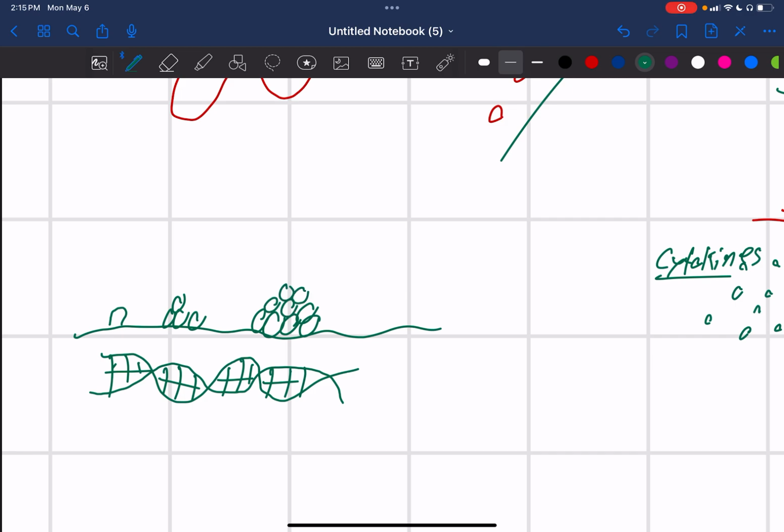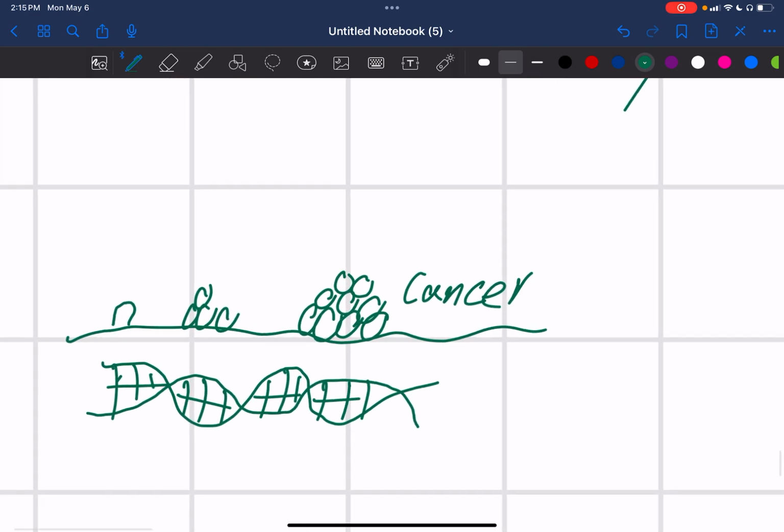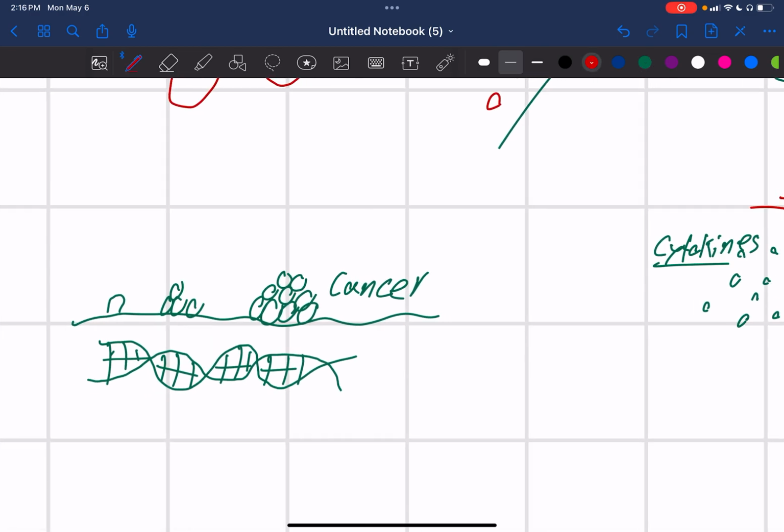It keeps on replicating because it's damaged DNA and it has no stop for replication, and it essentially becomes cancer, a tumor slash cancer, right? So this cancer is bad. Why? Because it's an abnormal cell that continues to keep on replicating.